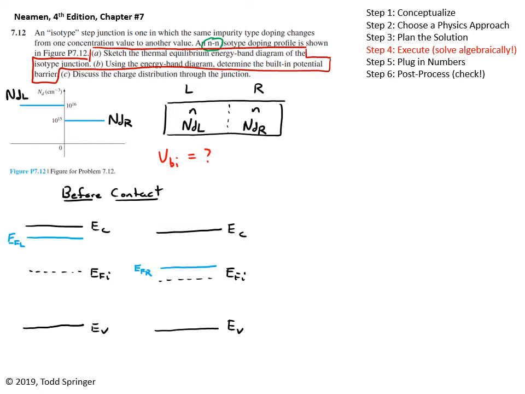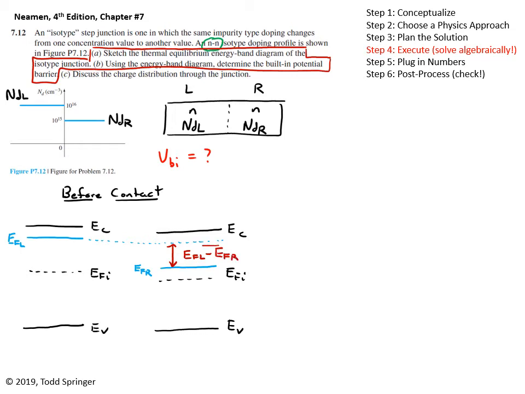And as I mentioned in the previous slide, when they are put in contact, we have to shift the energy bands so that the Fermi energies line up, so that they're the same all the way across. And the amount that we have to shift it is exactly this much here. This is going to be EF left minus EF right.